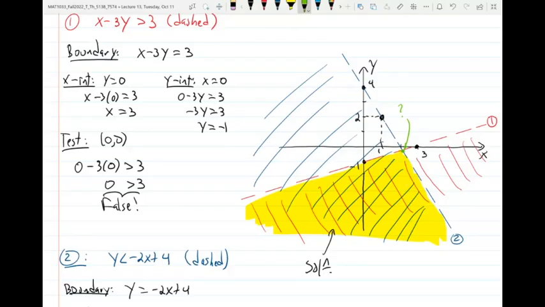What did we do last week? Substitution and elimination. And what was that for? Systems of equations. And what happens when you're solving a system of equations?